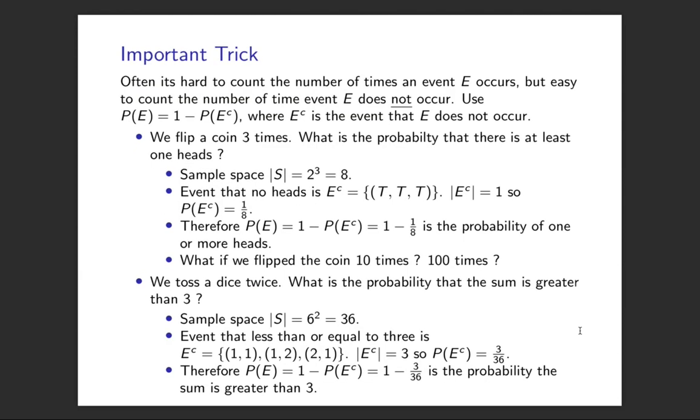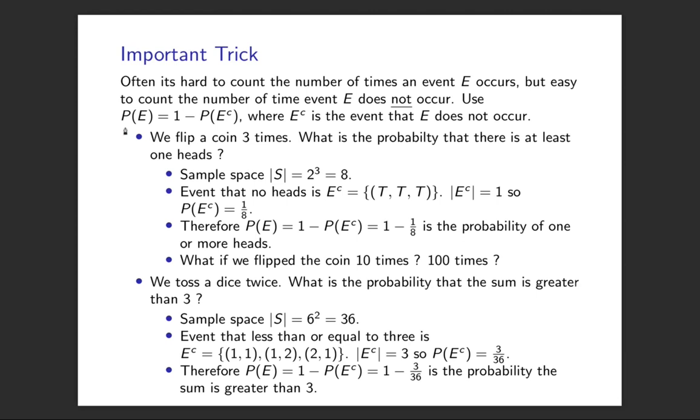So here's an important trick. If an event looks hard to calculate, have a look at the event not happening, the opposite of the event, and see if that's hard to calculate. It might be much easier.